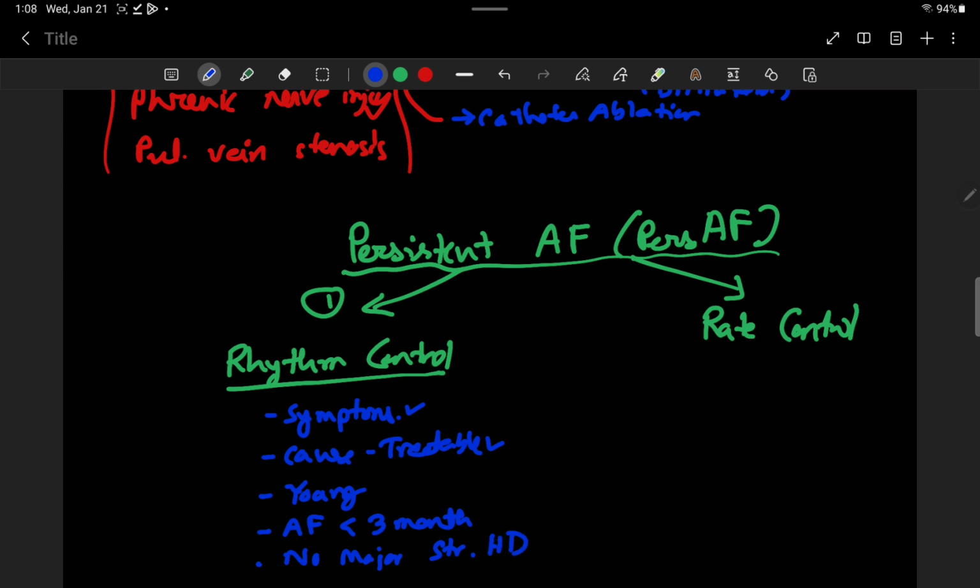Okay, so these are the points that you keep in mind for treatment with rhythm control.